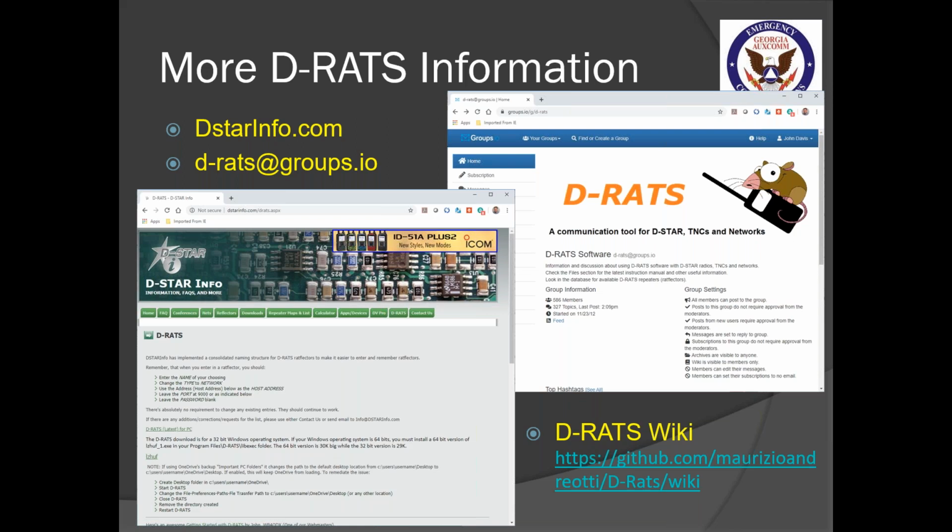Let me see what Doug says here. The way I understand the public IP issue is if 3 guys in an EOC are running a position, only one can run DRATs. That is true if it's the public IP address, that would be the case. Now, if someone's running, let's say, on a hotspot that would be getting to the internet on a different IP address, they could have multiple occurrences.